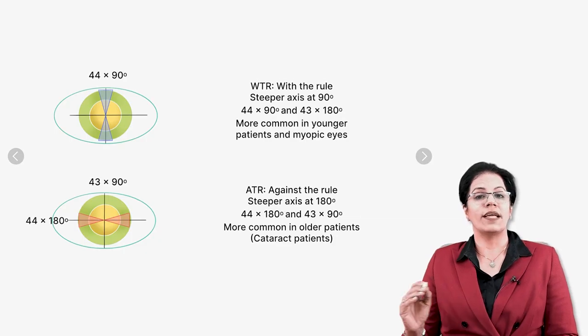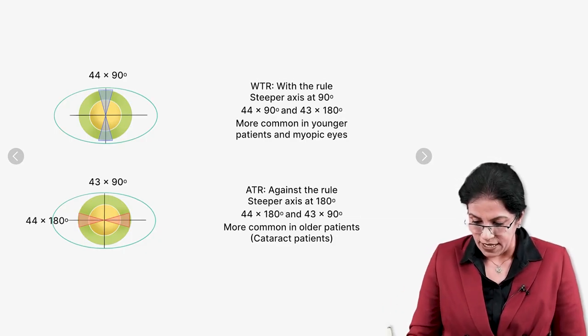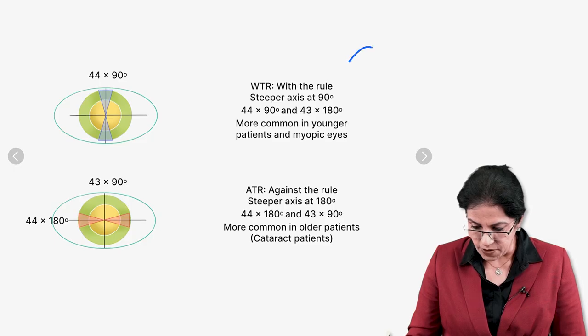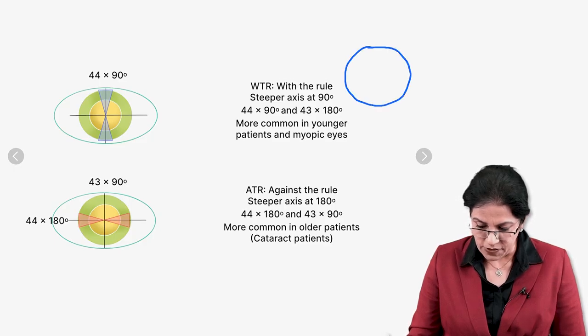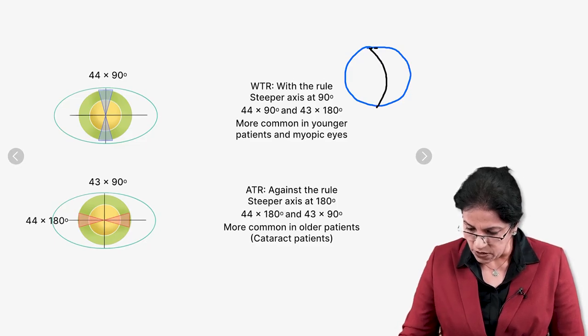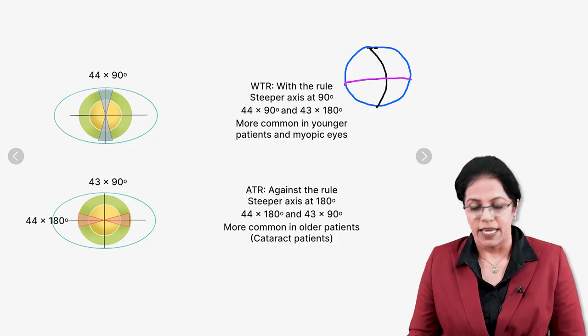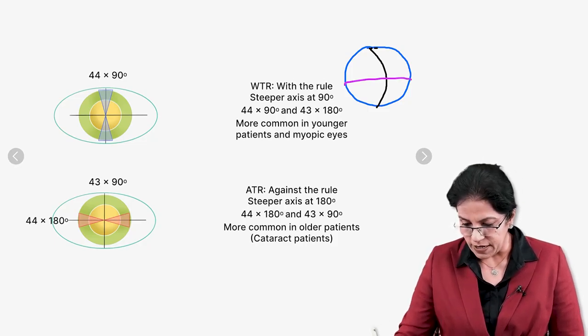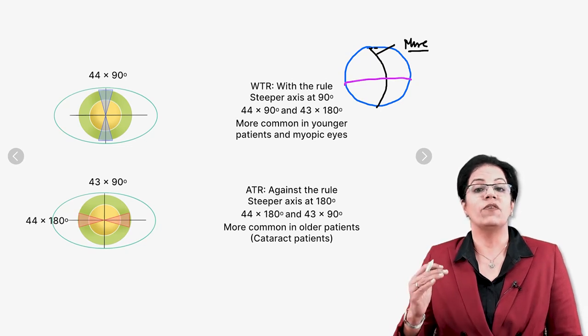We next talk about with the rule and against the rule. If we go back to the diagram that we had drawn, let's draw it again for ourselves. If this is the cornea and suppose this axis is more curved than the horizontal. If vertical is more curved, power is more on the vertical axis and less on the horizontal. This is called with the rule.